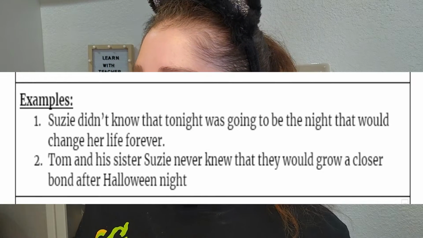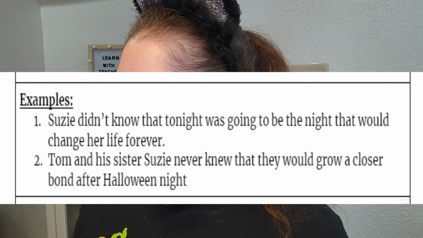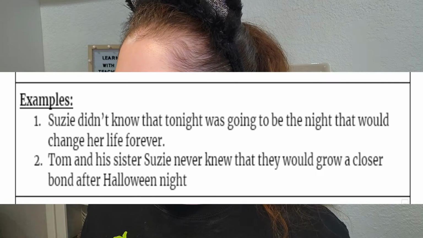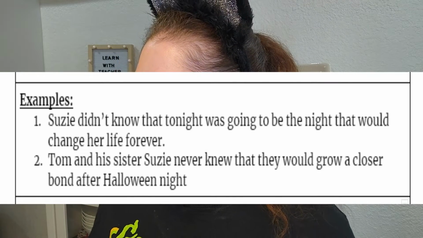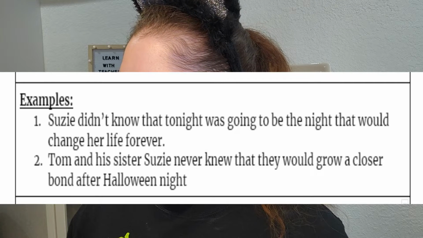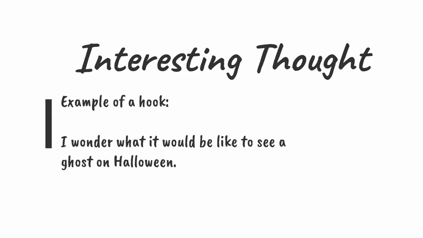Here are 2 examples on your graphic organizer that are general statements. Susie didn't know that tonight was going to be the night that would change her life forever. Second example, Tom and his sister Susie never knew that they would grow a closer bond after Halloween night. Interesting thought: I wonder what it would be like to see a ghost on Halloween.